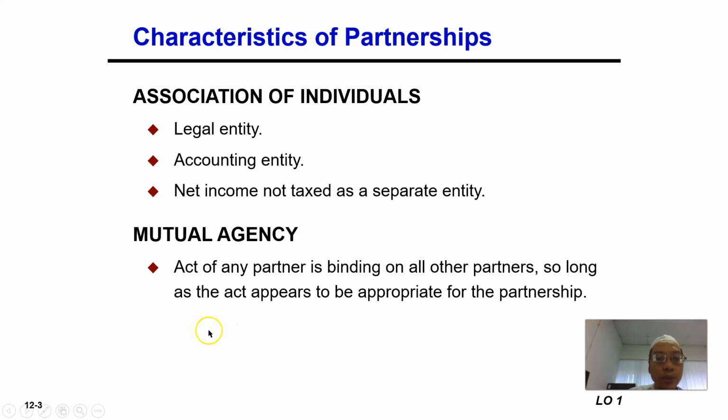So for example, if a partnership runs a retail business, and one of the partners bought a truck which is usually used for transporting the items of the retail business, then the partnership is bound by the purchase of the truck.